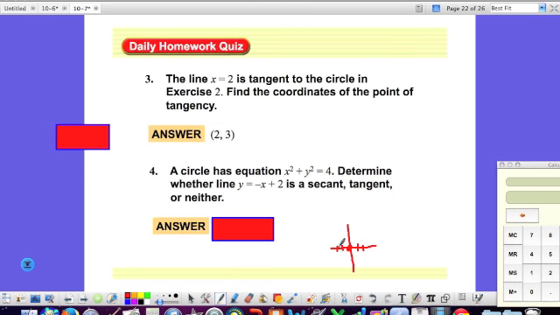The line is going to be right here at -x plus 2. It's going to intersect right there, but if it's going down 1 and over 1, it's going to cut through this circle. So it is going to be a secant.